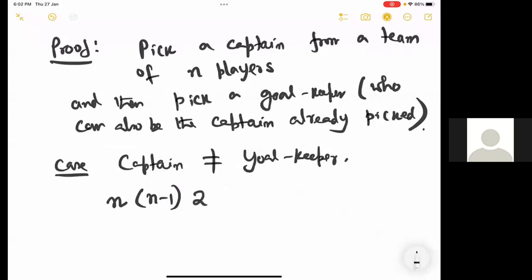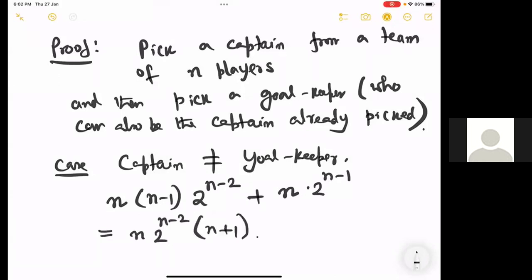So that can be selected in 2 to the power n minus 2 ways. Then consider the case where the captain is the goalkeeper. The captain can be selected in n ways, and among the remaining n minus 1 you can select a team in 2 to the power n minus 1 ways. Altogether this is n times 2 to the power n minus 2 times (n plus 1).